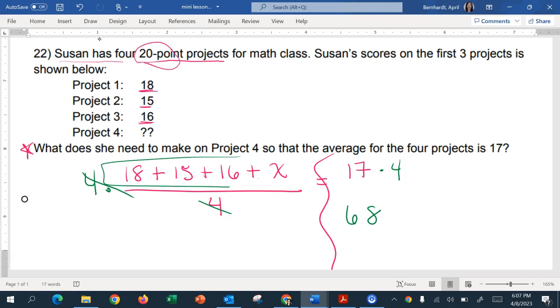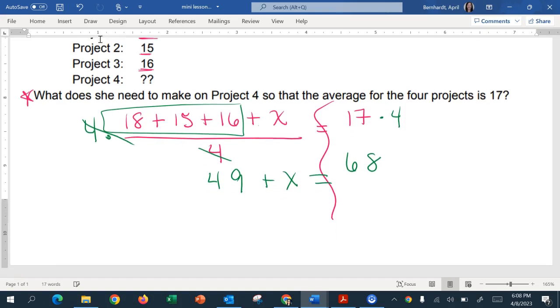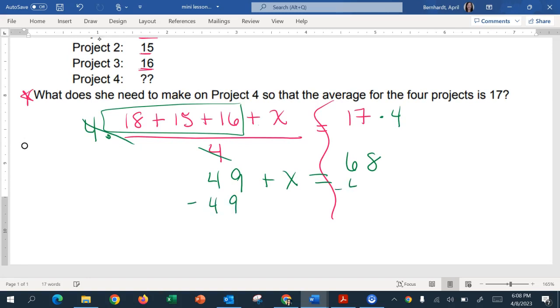And then I'm going to just quickly add those 3 scores up. 18 plus 15 plus 16 equals 49. So 49 plus what equals 68. I could maybe figure that out in my head, but I'm just going to do the inverse operation.